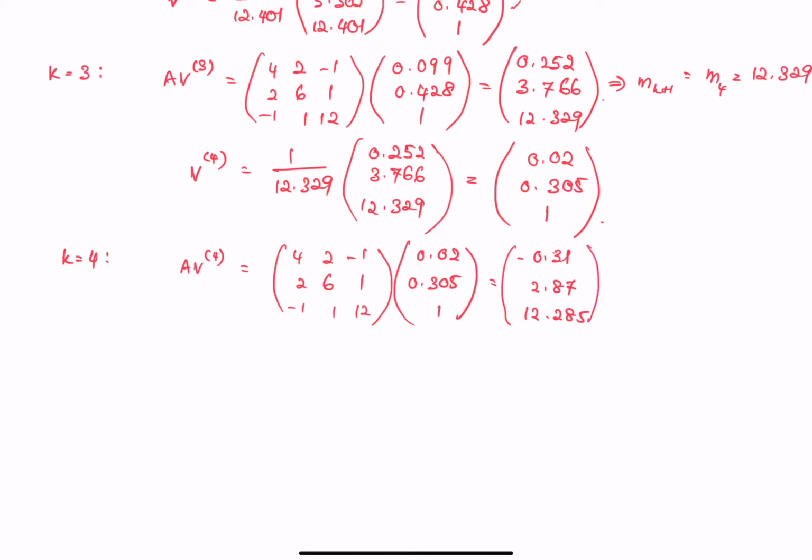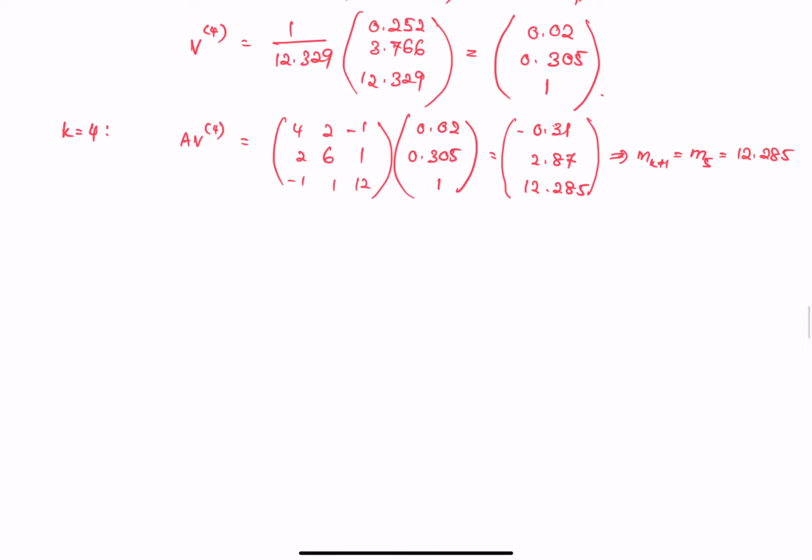And from here we can know that M_{k+1} is equal to M5 is equal to 12.285, and our V5 is equal to 1 over 12.285 multiplied by negative 0.31, 2.87, 12.285.